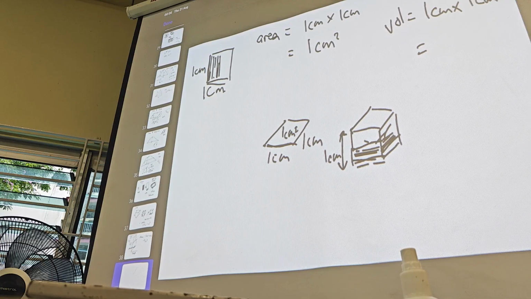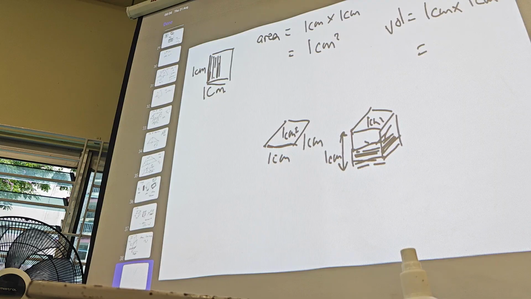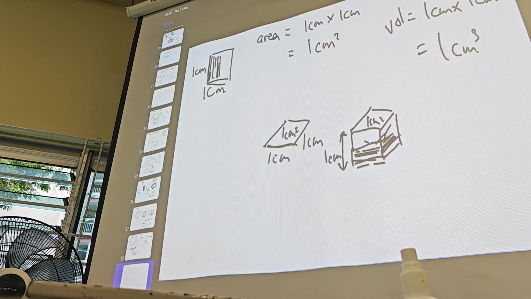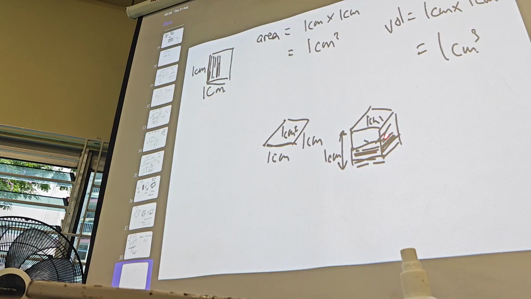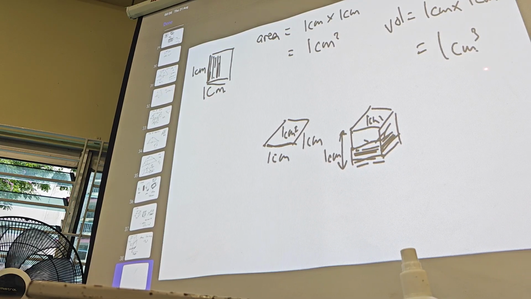Every one piece, the area is 1 cm squared. So if I stack 1 cm of them together, my volume will be 1 cm of all these 1 cm squared of area. That is why I can describe the space occupied as a centimeter cube.